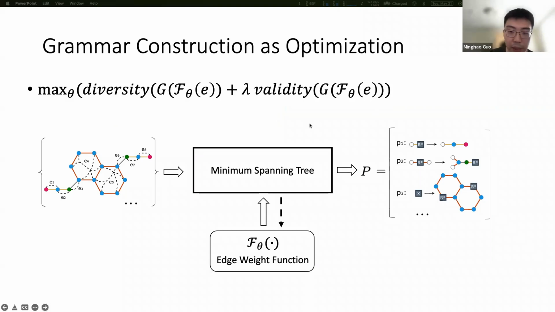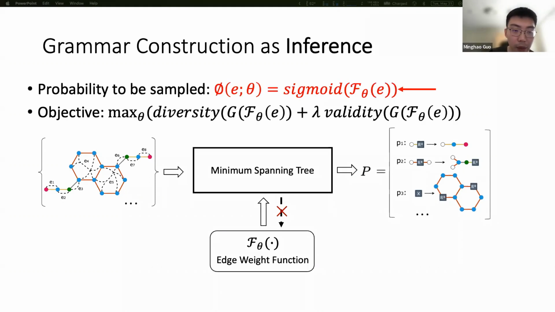To perform this kind of optimization algorithm, we need to calculate the gradient of the metric to the parameter theta, which is unfortunately non-differentiable because minimum spanning tree is a combinatorial optimization. So we tackle this problem by treating the optimization as an inference problem. We treat the edge selection process not as deterministic, but random.